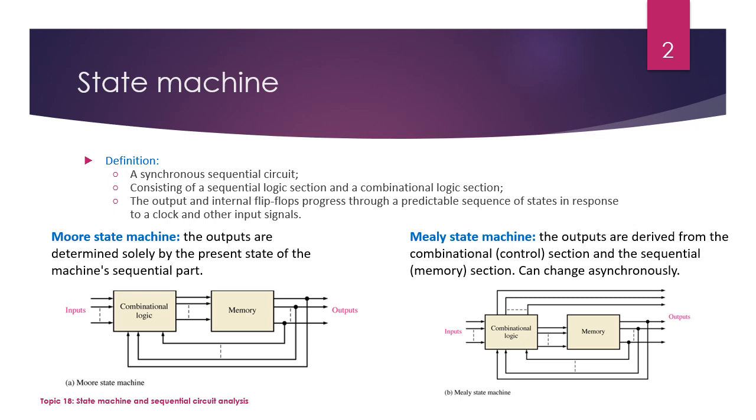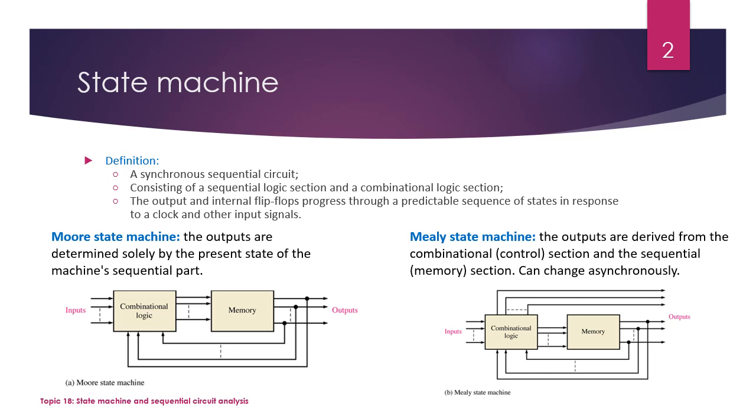The other type is known as the Mealy state machine. In a Mealy state machine, the outputs are derived from the combinational section and the sequential section. I put two diagrams here to help you understand.